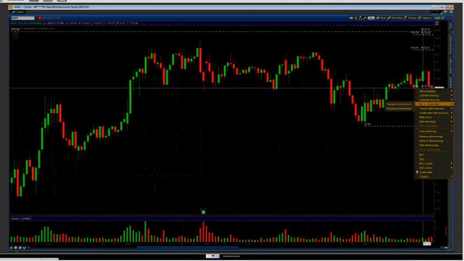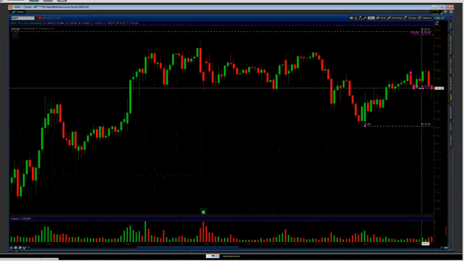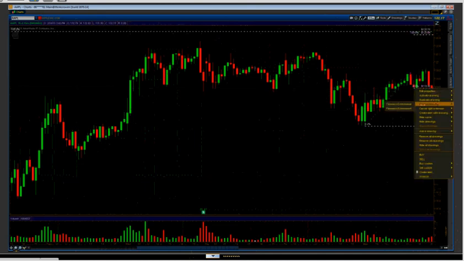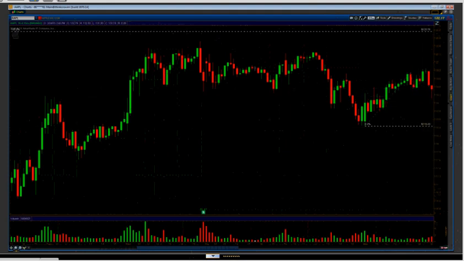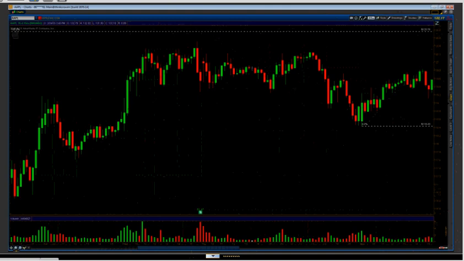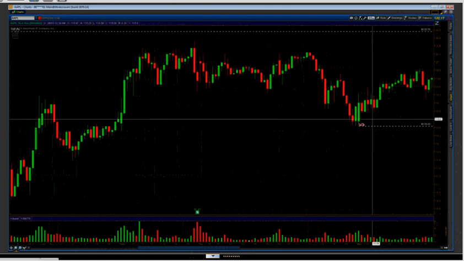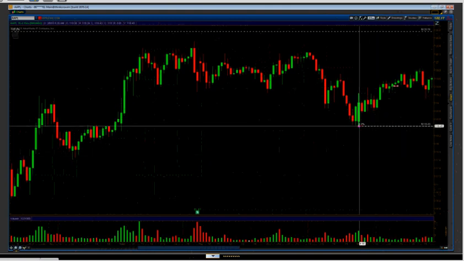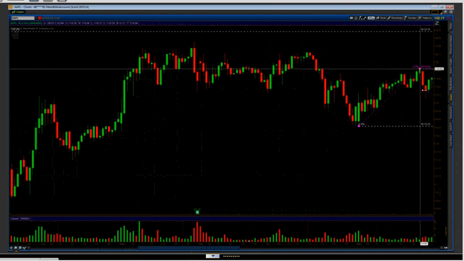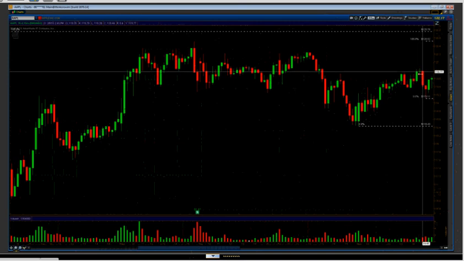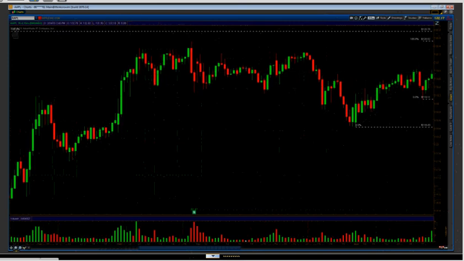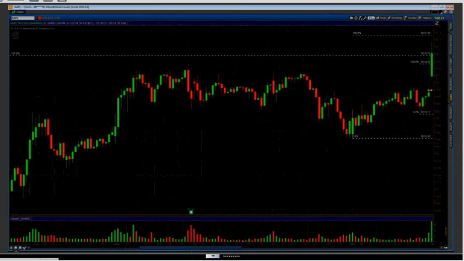That would have given us a loss. Oops. Now one like this too, these type of targets I wouldn't enter until it breaks this last high, which it did there.